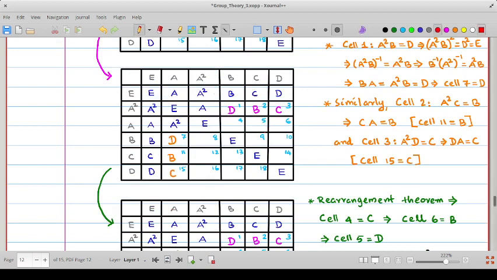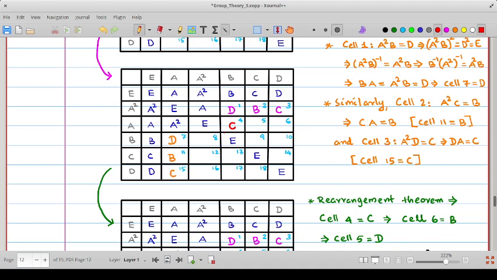And next, we look at cell number 4. This row already contains A square and E, and the column contains B and D. So the only remaining possibility is C. Now, we look at cell number 5.